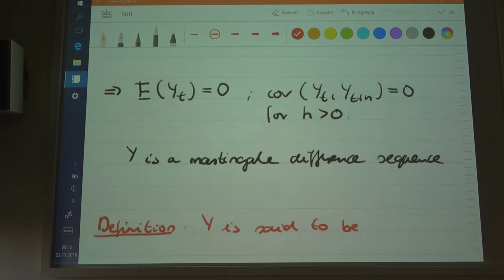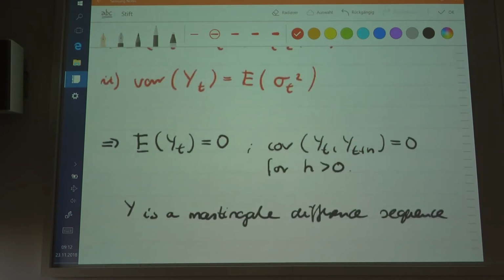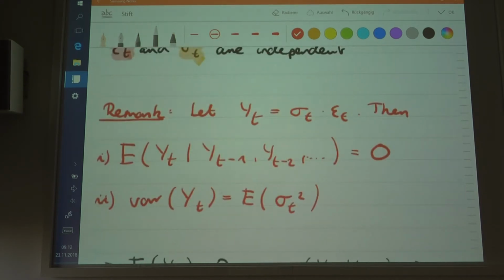If the process is of this type, then it's a martingale difference sequence. So we'll talk about this process.